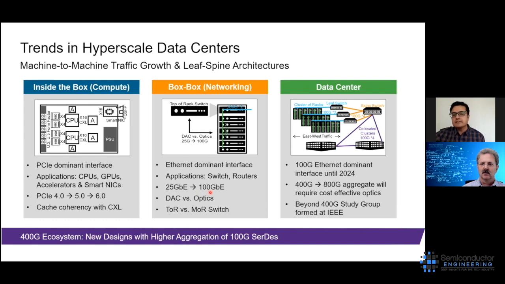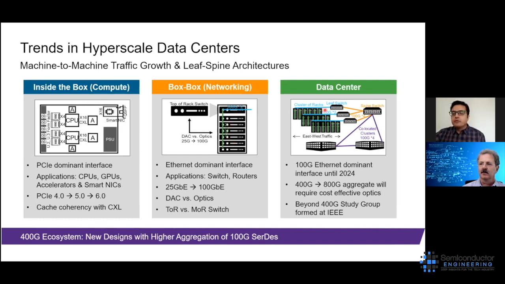Some of the hyperscale data centers have skipped 50 gigabit deployment in between, and they are moving directly from 25 to 100 gigabit Ethernet. There is a lot of discussion today whether this interconnect should be electrical cable, or it should be optical cable. So there's discussion about DAC or optics for this connectivity. But one thing that's common here is 100 gig SerDes. So within a rack, there are different rack units which are connected with 100 gig SerDes.